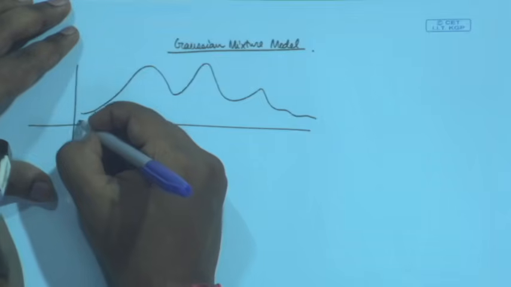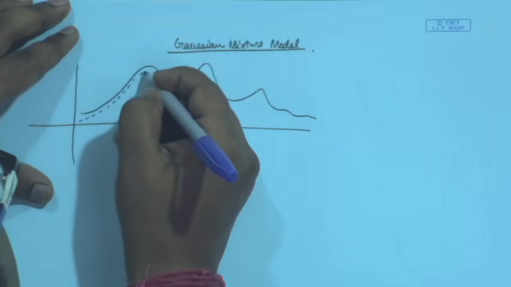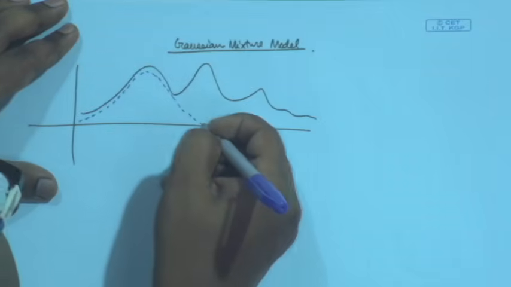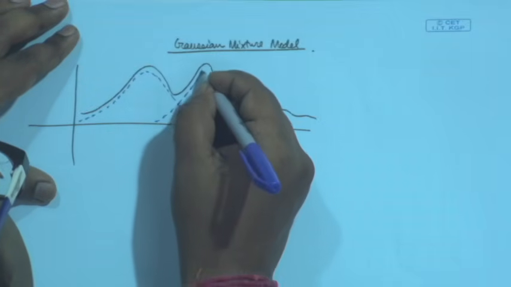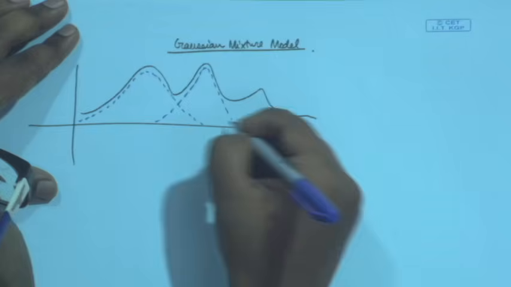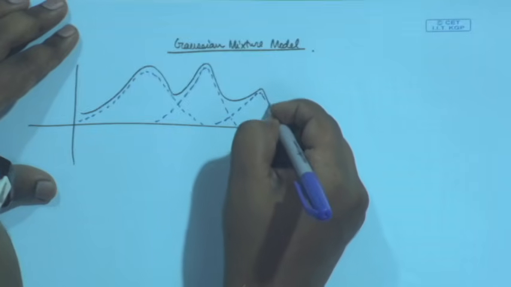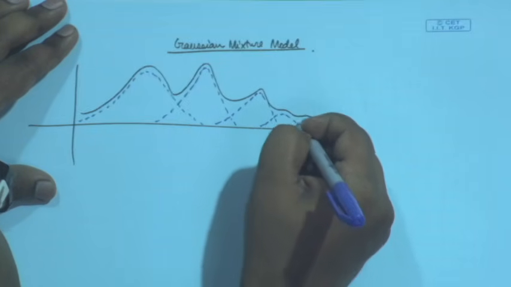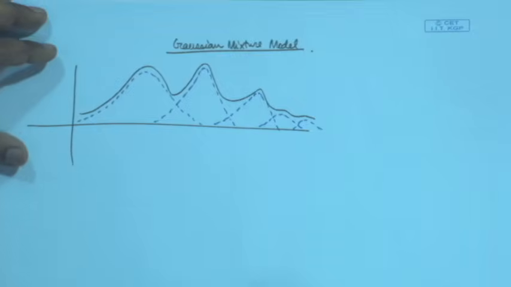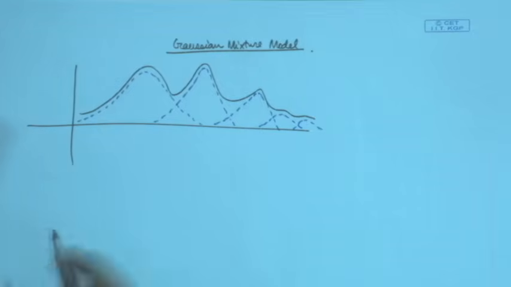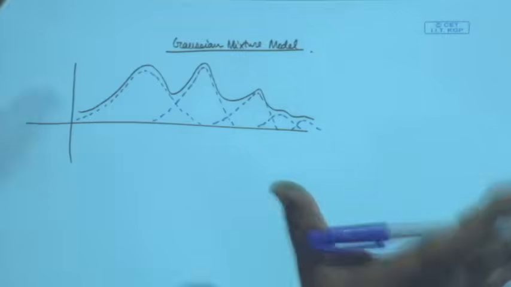We can say that this part is one Gaussian, this part is another, here are one or two, and there are some more. A Gaussian mixture model does exactly this. It takes a number n of individual Gaussians, and then does a linear combination of them to model the target distribution.